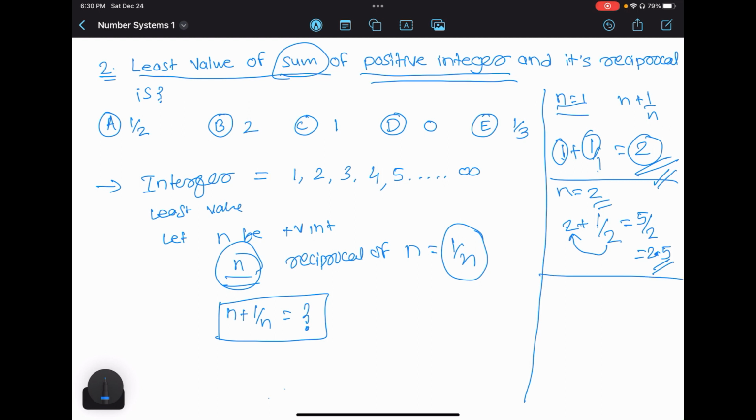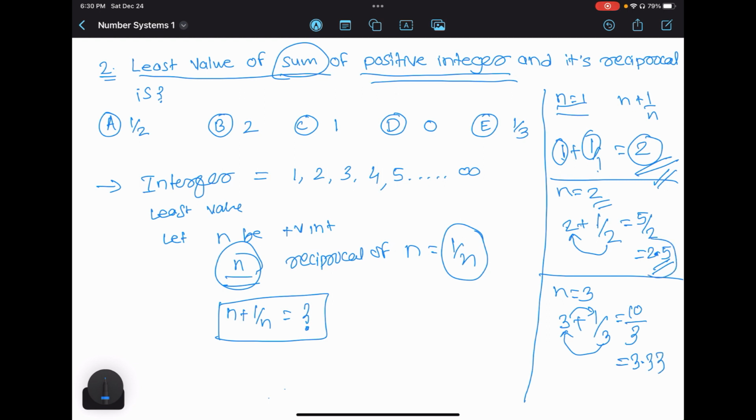What will happen if we do n is equal to 3? It is always better to perform one more sequence. So 3 plus 1 by 3. This 3 will multiply by this, so 9, and then plus 1 is 10. So it becomes 10 divided by 3, which is 3.33.